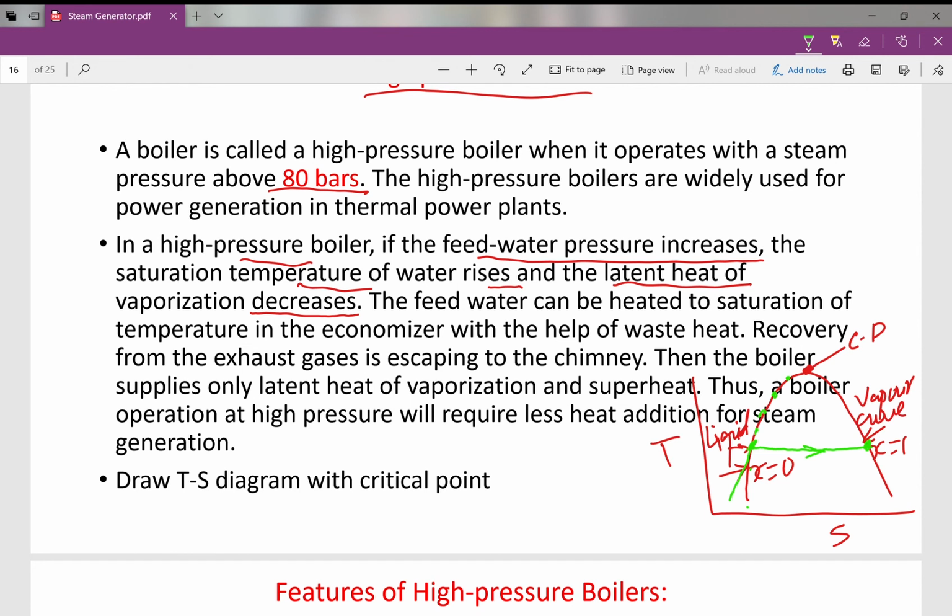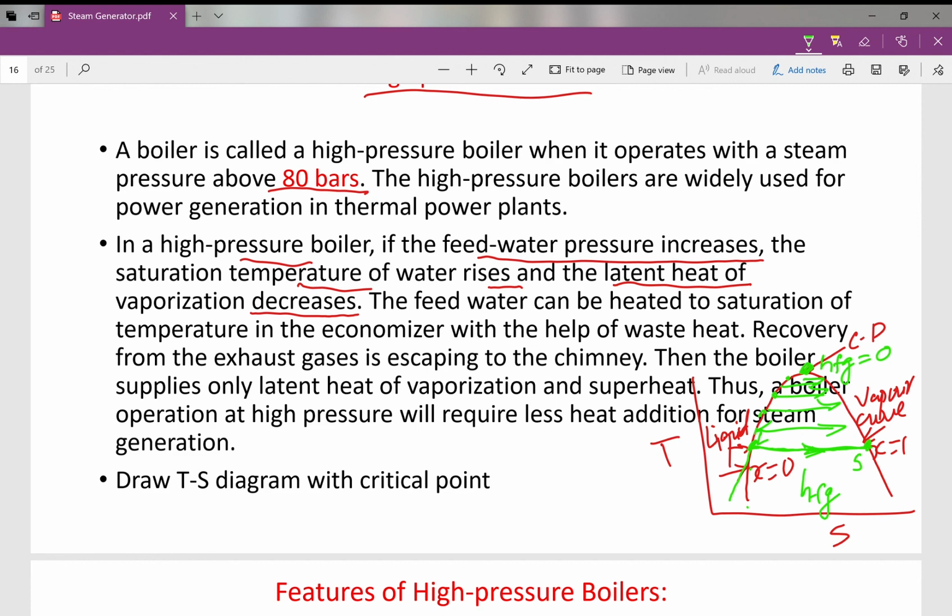So here we get steam, that is vapor, and here it is liquid or water. This total length is called latent heat of evaporation, h_fg. Right? So dear students, if we go above, this length keeps on decreasing, and at the critical point this h_fg, latent heat of evaporation, is 0.